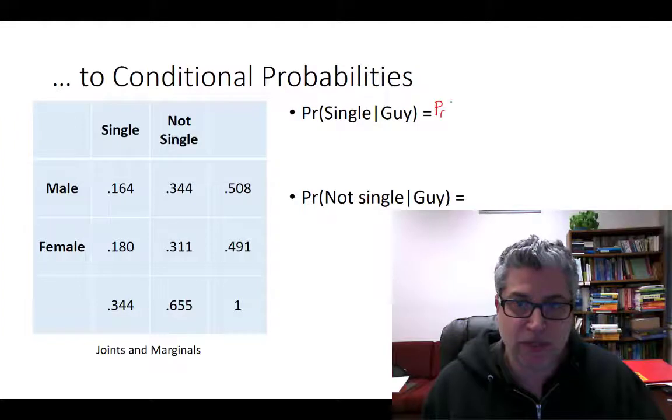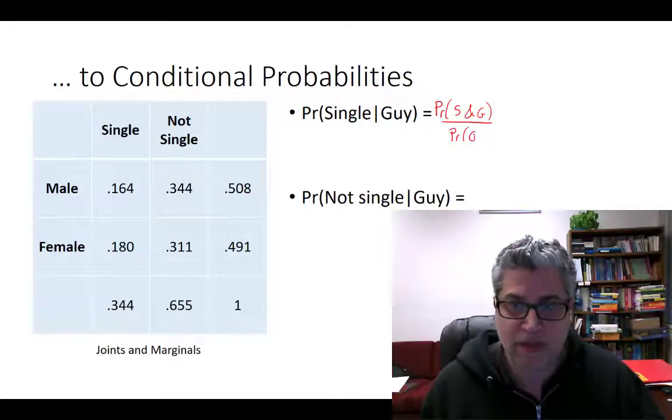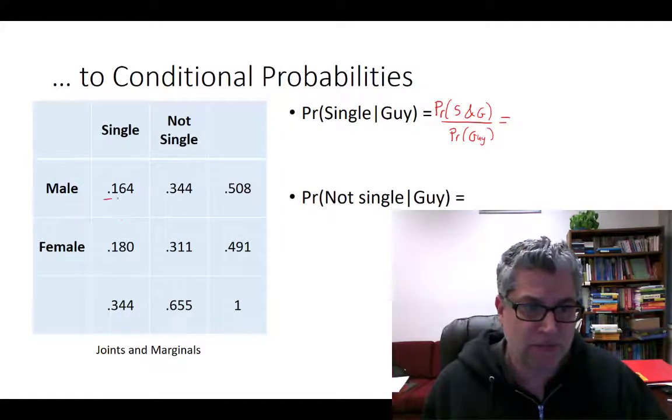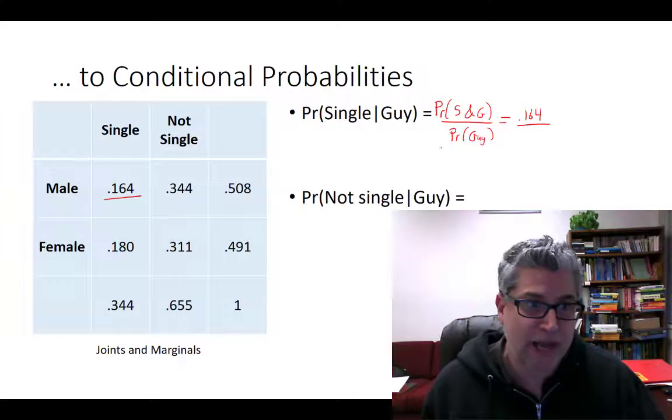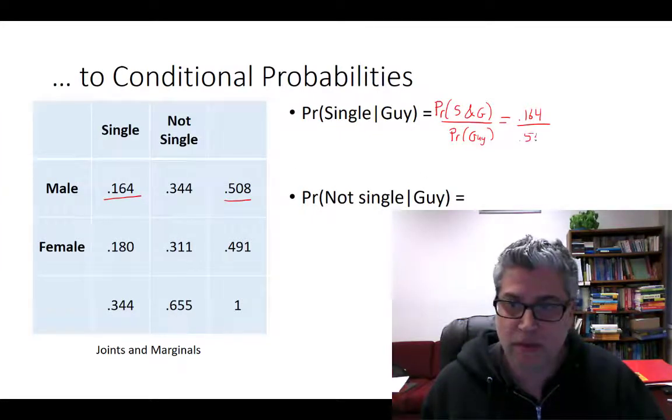That is equal to the joint probability, so single and guy, divided by, right, so we think of this as a division sign for a sec, the probability of a guy. So single guys, the joint probability is 0.164. And the probability of a guy, that's 0.508. So 0.164 divided by 0.508 is approximately 32%.